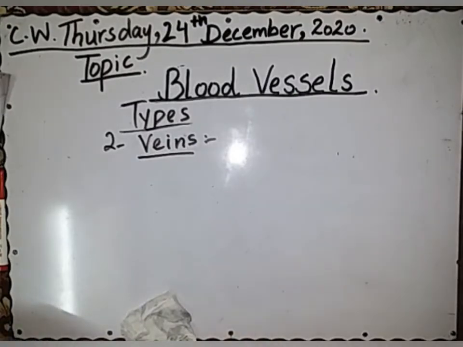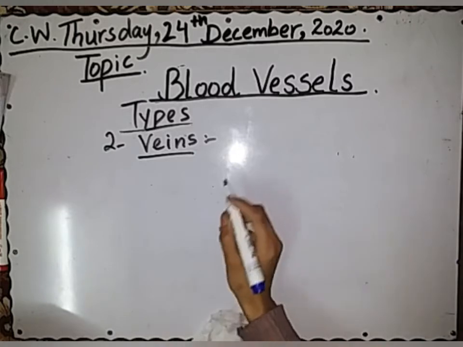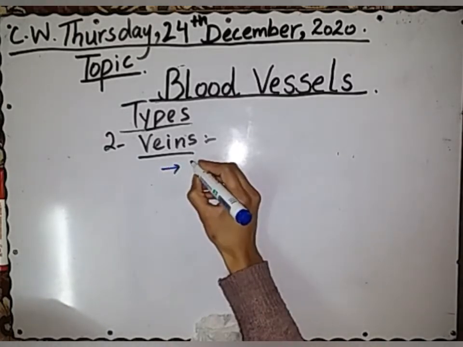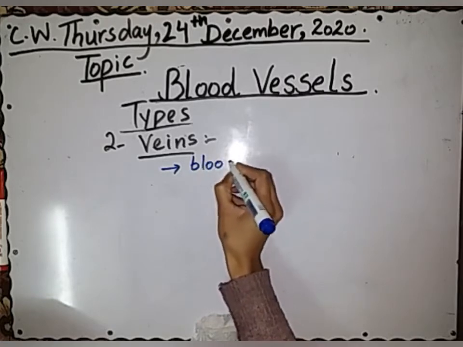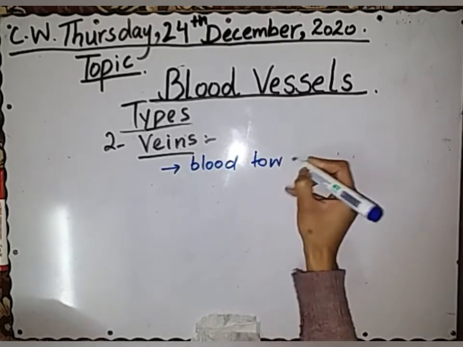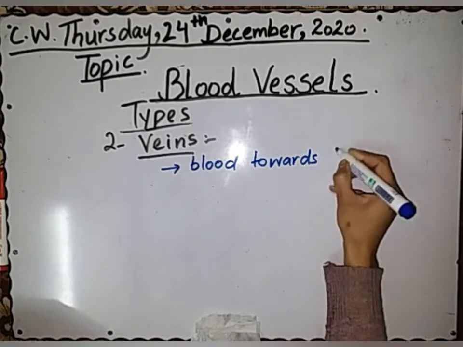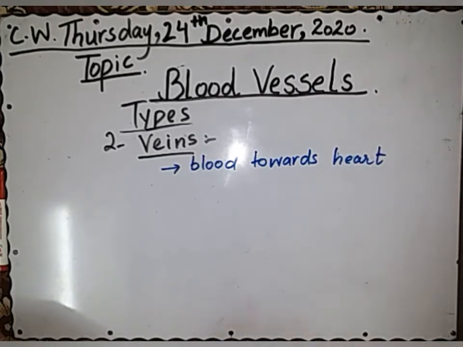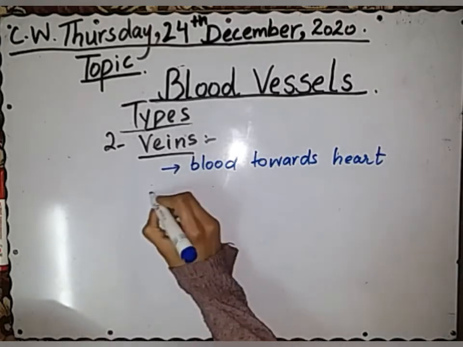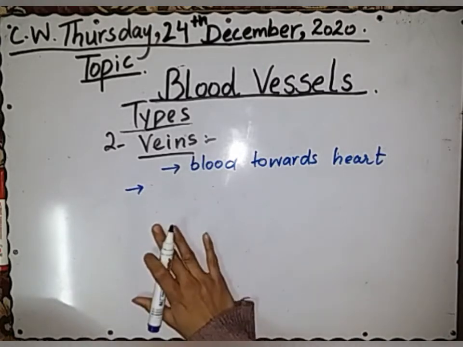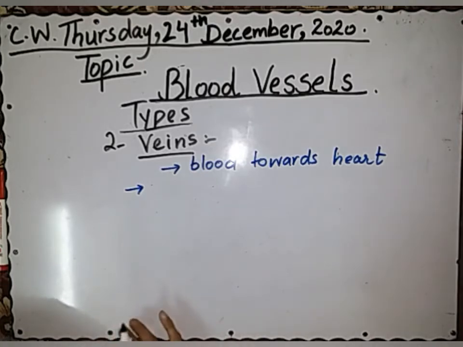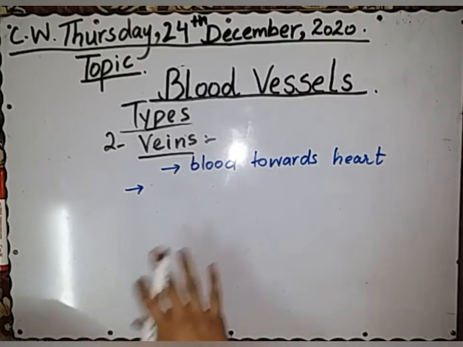Students, let me explain another type of blood vessels, that is veins. Veins are the blood vessels that carry blood towards the heart. As I have explained in the artery, all arteries carry oxygenated blood except the pulmonary artery.